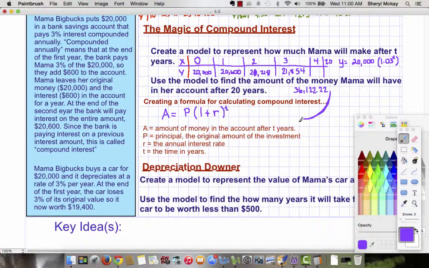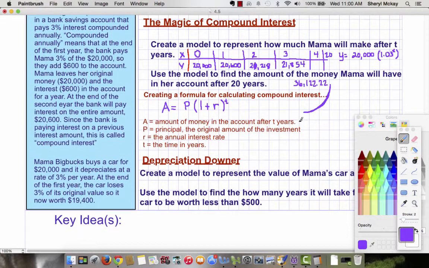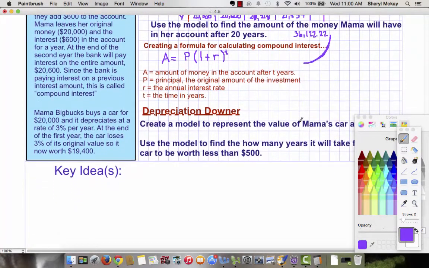All right, so now let's take a look at depreciation, the downer, because exponential functions don't only work in our favor, they also work against us.